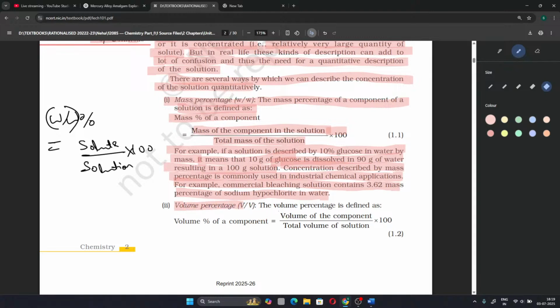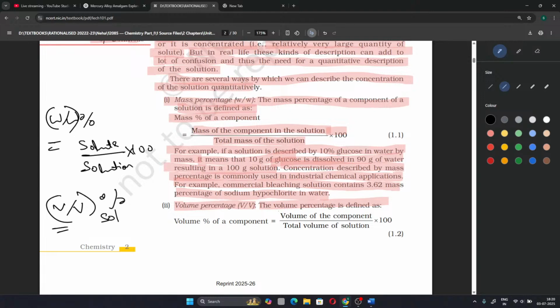Volume percentage. The volume percentage is similar to the mass percentage, where we take mass of solute by mass of solution. Here, volume percentage is volume by volume percentage, V/V equals volume of solute by volume of solution.